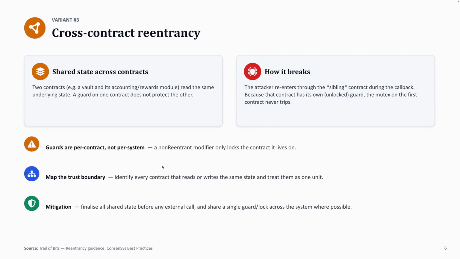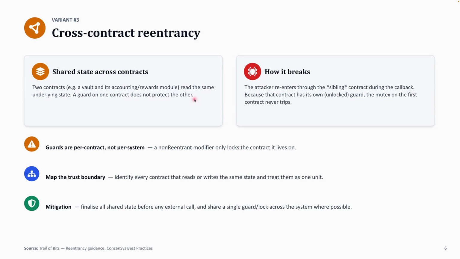Third variant is cross-contract reentrancy. What exactly is cross-contract reentrancy? Two contracts, for example a vault and its accounting or rewards module, read the same underlying state. Important thing to remember here is, a guard on one contract does not protect the other.